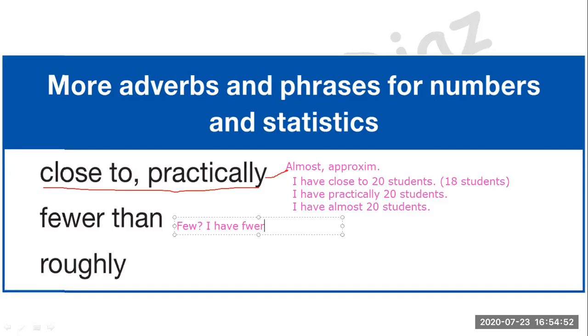I have fewer students than teacher Jessica. So maybe she has 20 and maybe I have 10 students. So I have fewer students than teacher Jessica. In this case, fewer is to express less of something.